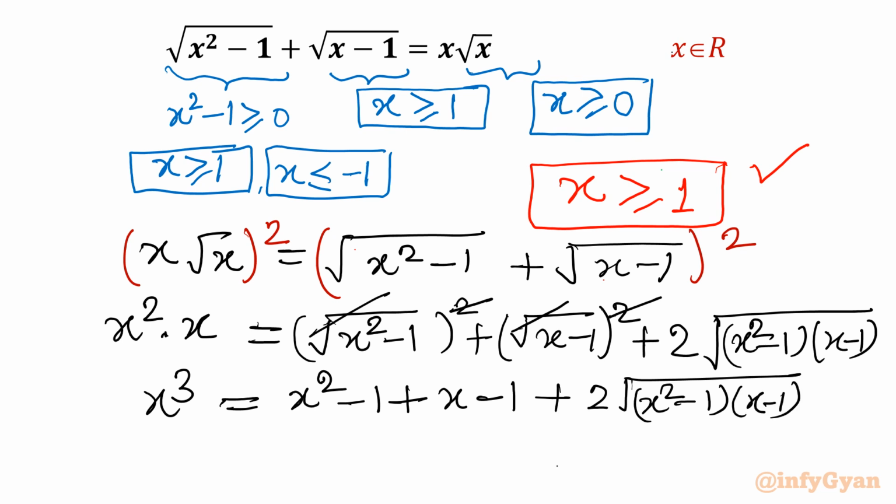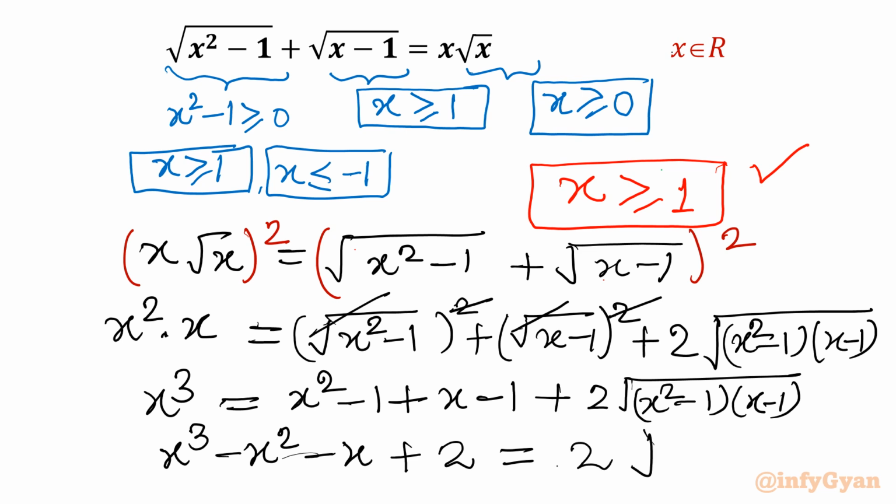Now collect radical terms to one side and non-radical terms to the other side. So I will write x cube minus x square minus x plus 2 equal to 2 times square root of x square minus 1 times x minus 1.